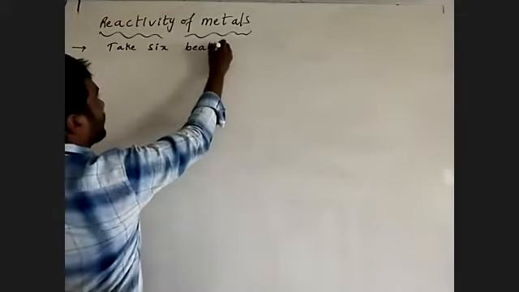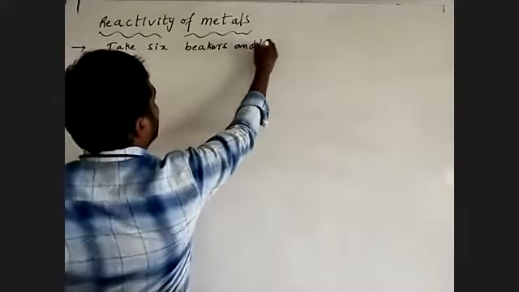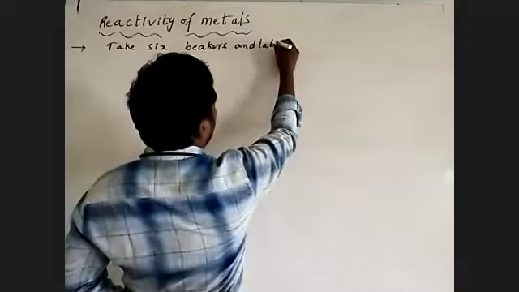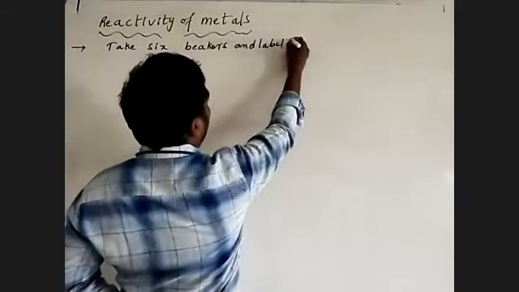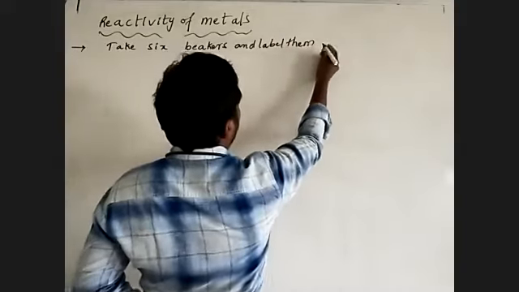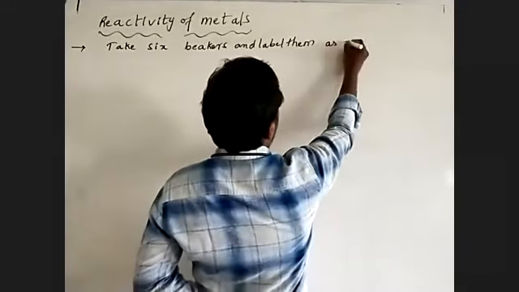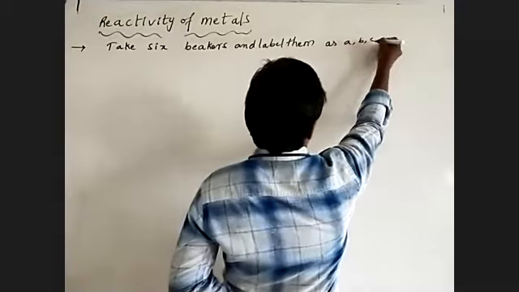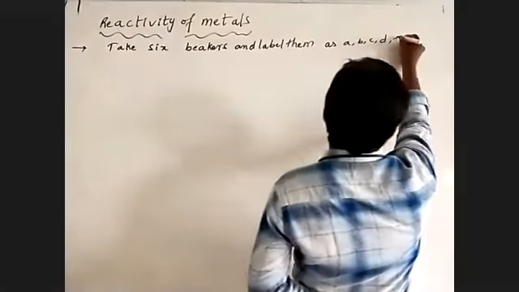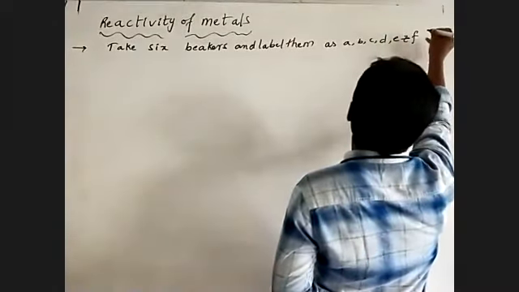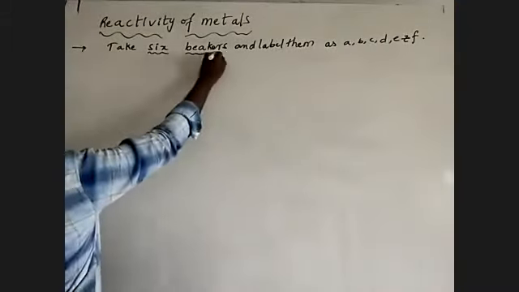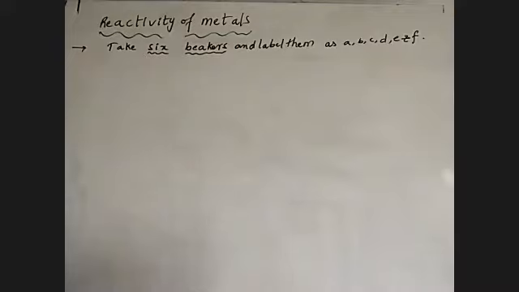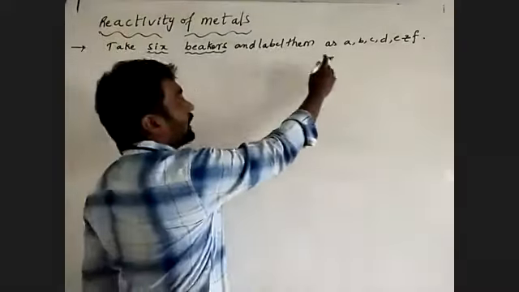Take 6 beakers and label them as A, B, C, D, E and F. How many beakers are we taking? 6 beakers, and we are giving each a name, a label.